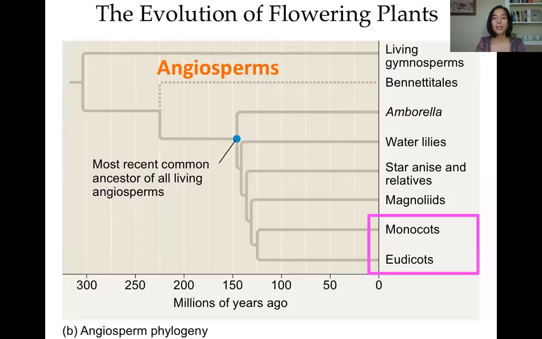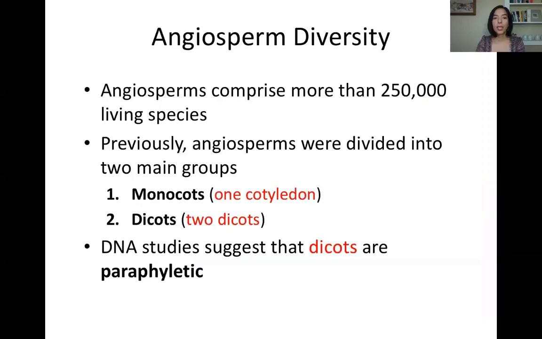Now let's talk about these other two groups, monocots and eudicots. These are the groups that contain the highest diversity of angiosperms. As I mentioned before, your book says that there are 250,000 living species of angiosperms, but we really think that it's more like 300,000 or more. Previously, angiosperms were divided into two main groups.